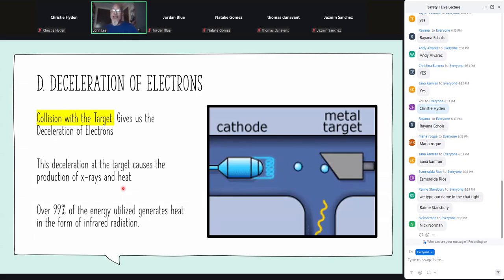Because there is no air in the vacuum, we're not talking about a convection type of heat that's going to come out. We're going to have heat that is going to come out in the form of infrared radiation. More than 99% of the energy we put into our generators to produce an X-ray is going to be converted to heat.